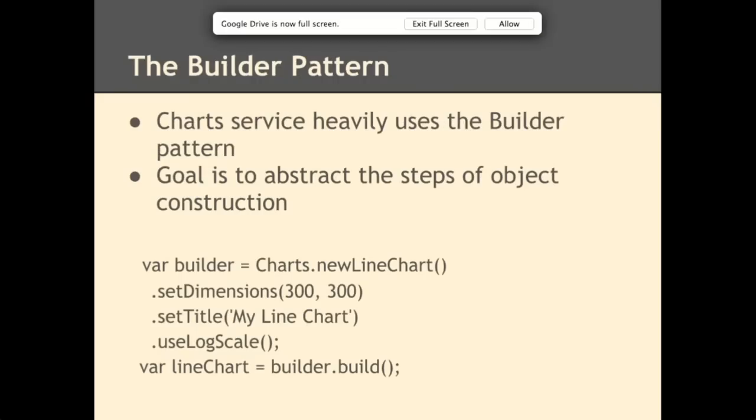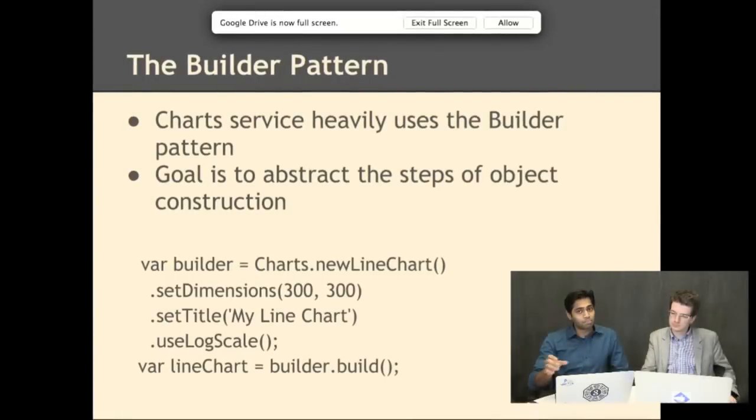One of the major things that's important about the chart service is the builder pattern. It's used everywhere. So the goal of the builder pattern is to abstract the steps of object creation so that you can do it in different orders. Maybe it's best demonstrated by an example. Here I'm using charts.newLineChart, and that returns our line chart builder object. And on that object, I can call these various methods like setDimension, setTitle, useLogScale.